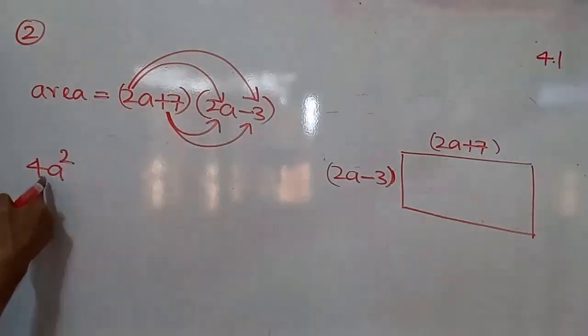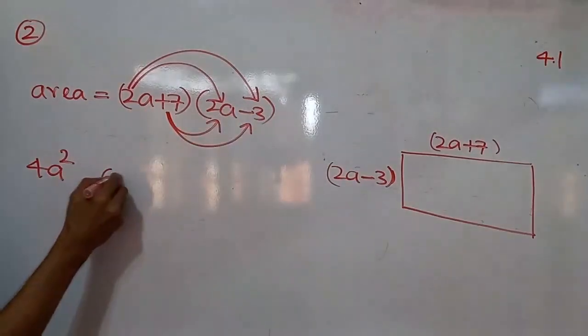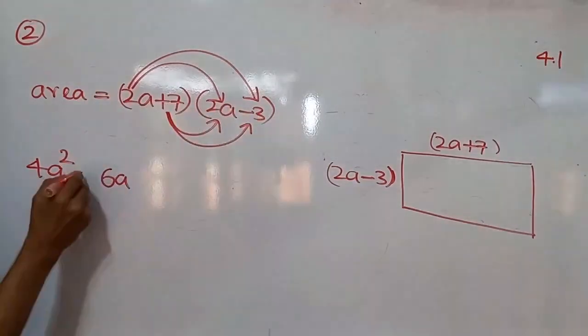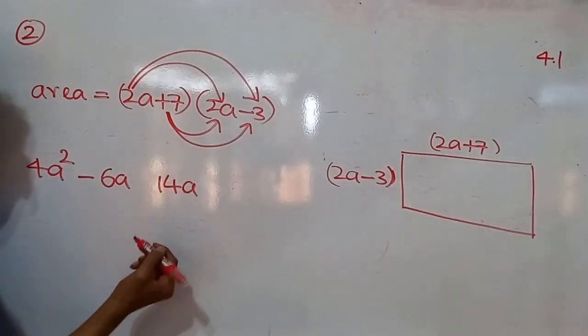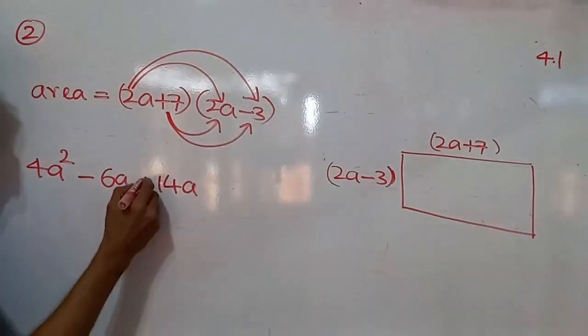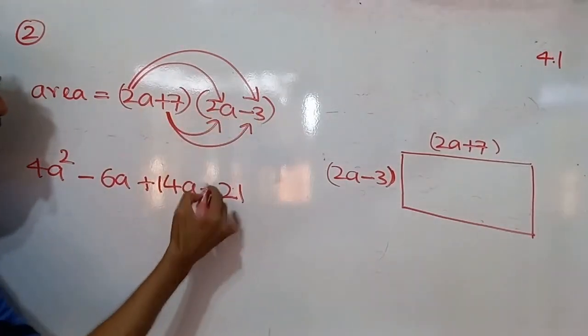Positive into positive is positive. Then 2a into 3, that is 6a. Positive into negative is negative. 7 into 2, that is 14a. Positive into positive is positive. 7 into 3, that is 21. Positive into negative is negative.